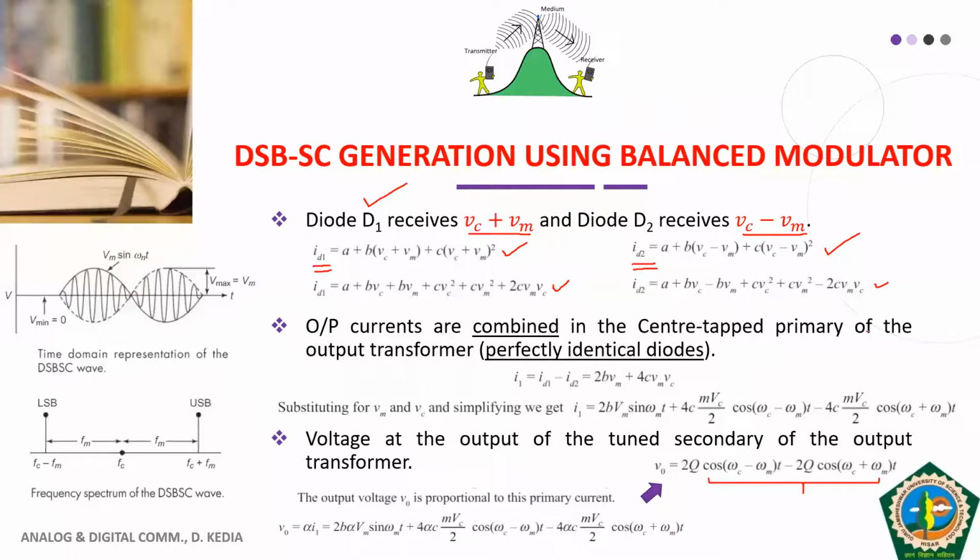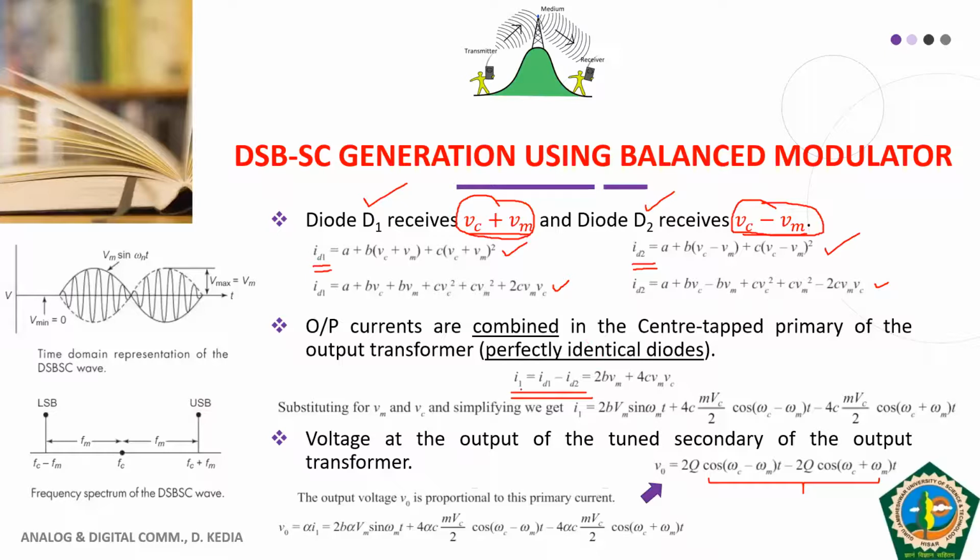Then I told you about the resulting output currents from these two diodes, D1 and D2. Diode D1 gives current corresponding to VC plus VM, the addition of these two signals, and D2 gives the current corresponding to the subtraction of the two signals. Those outputs are combined, and the output of the two diodes is the difference of the two currents, because the currents are going in opposite directions.